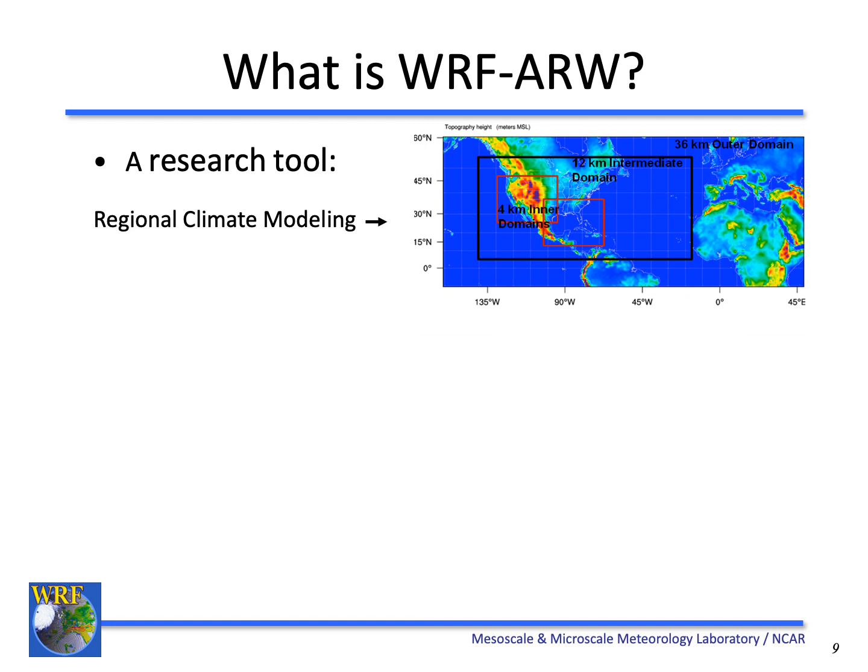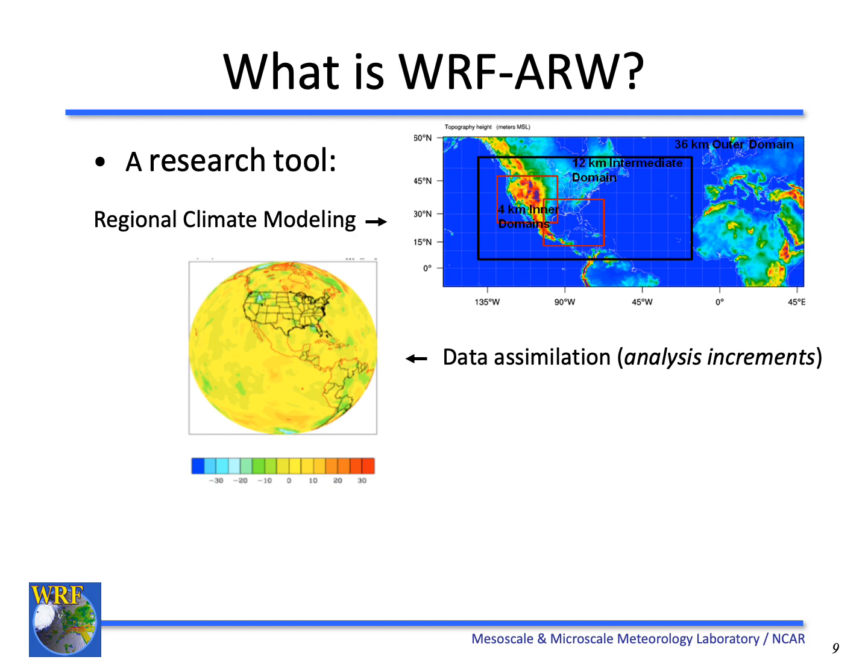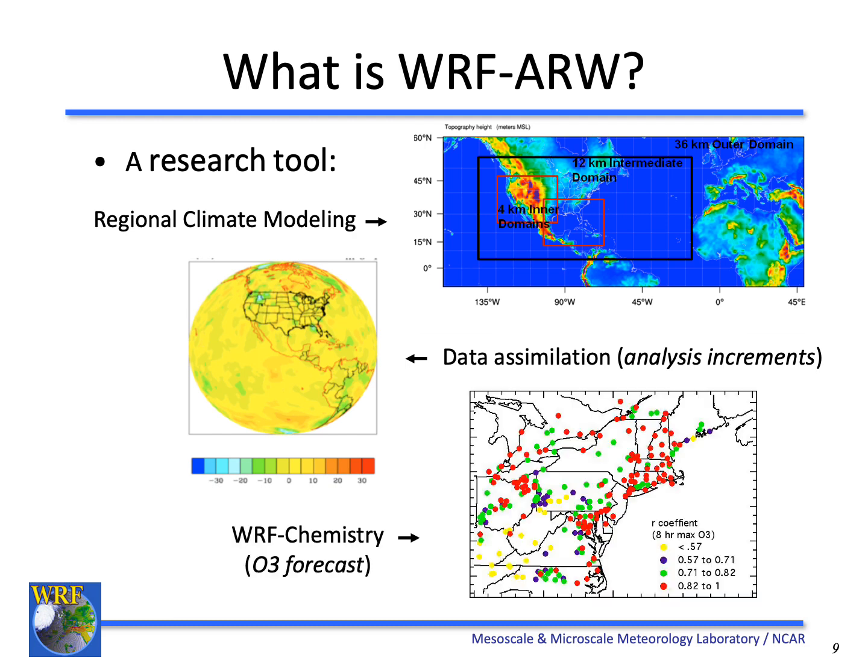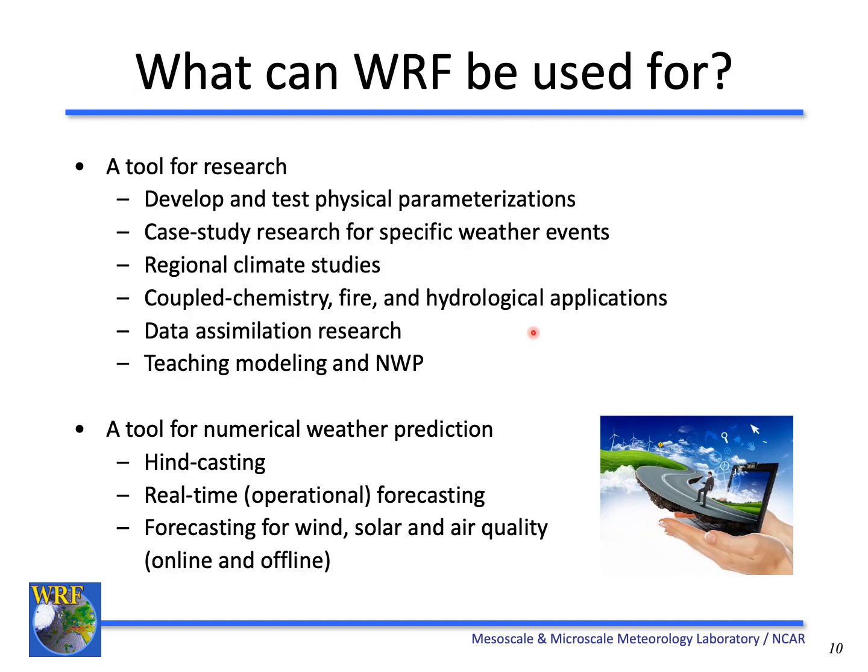The model is also popular for regional climate research, data assimilation development, and chemistry simulations. In summary, the model can be used for developing and testing physical parameterizations, studying atmospheric flows, special weather events, regional climate, research using coupled chemistry, hydrology, and fire modules, and data assimilation.